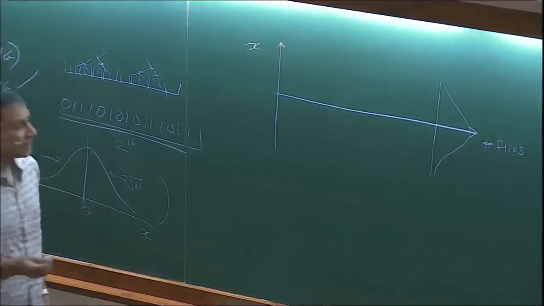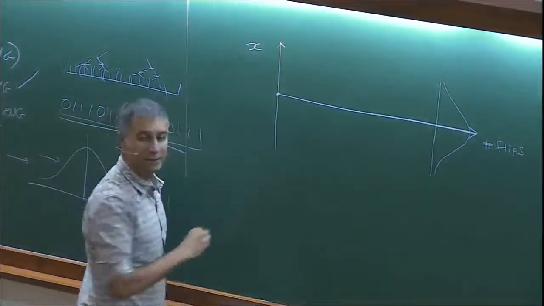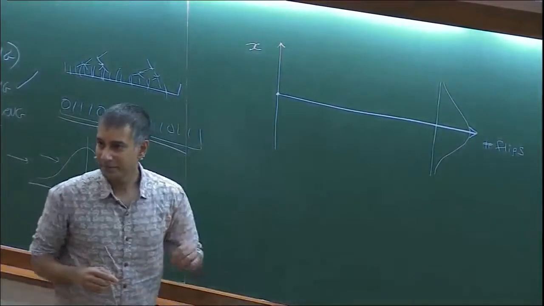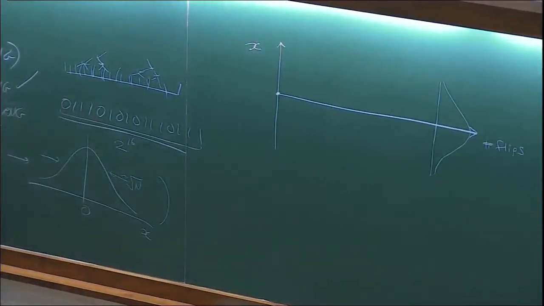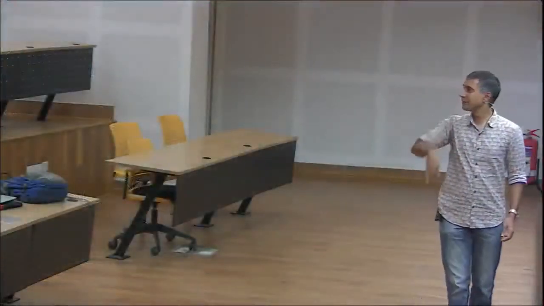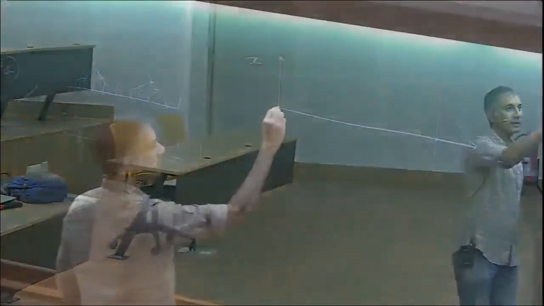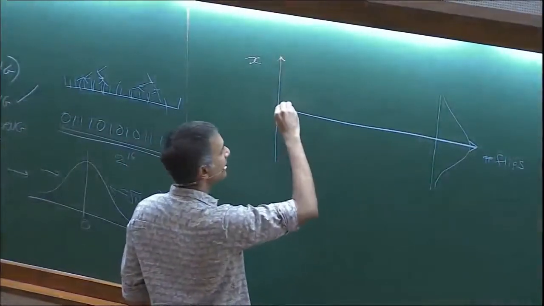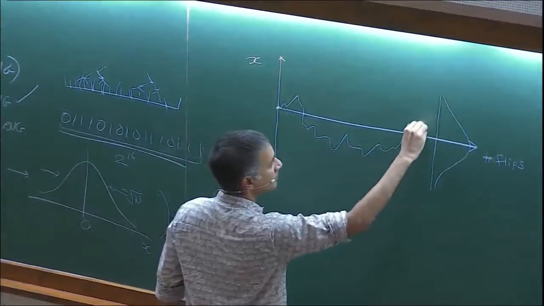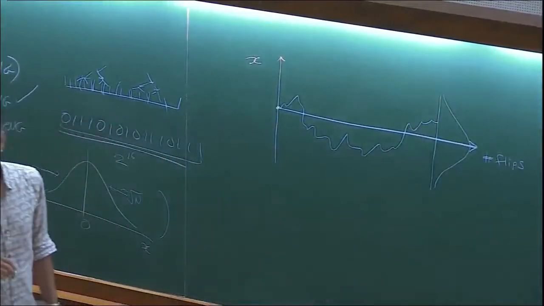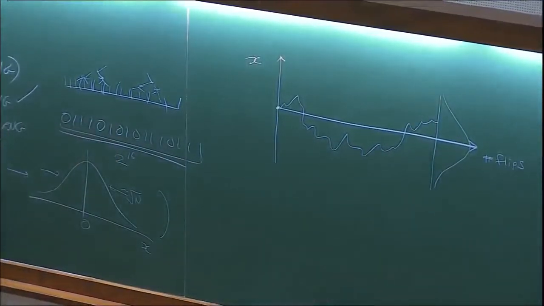But it's actually interesting to ask, if you start off at 0, how do you get there? So you keep a cumulative total of the flips. And every time you do a heads, you go up, and every time you do a tails, you go down. And typically, that's not going to be a smooth curve. It's going to be some jagged thing like that. Okay? This is also something you're familiar with.